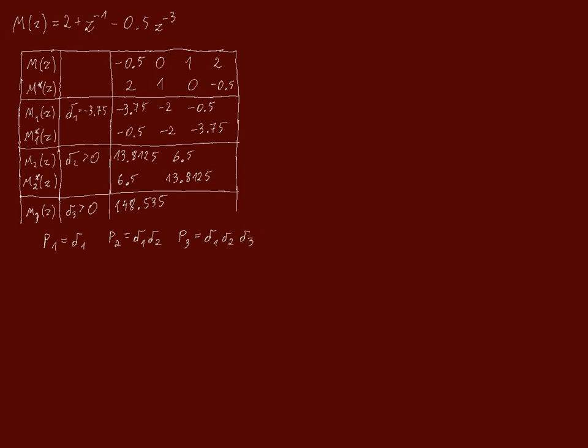I wrote them to remind you. A product less than 0 indicates a pole inside the unit circle. This means that all poles are in the unit circle, so the system is stable.